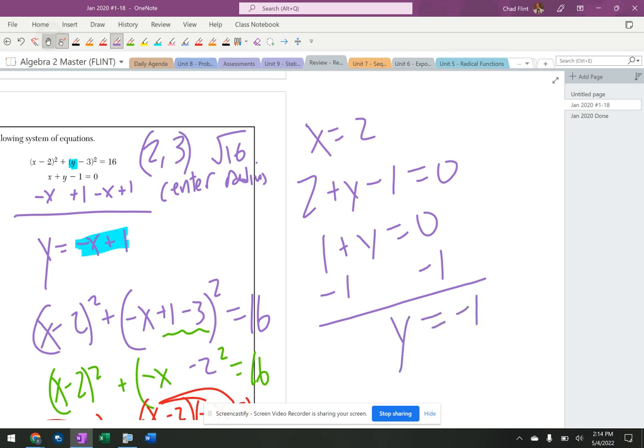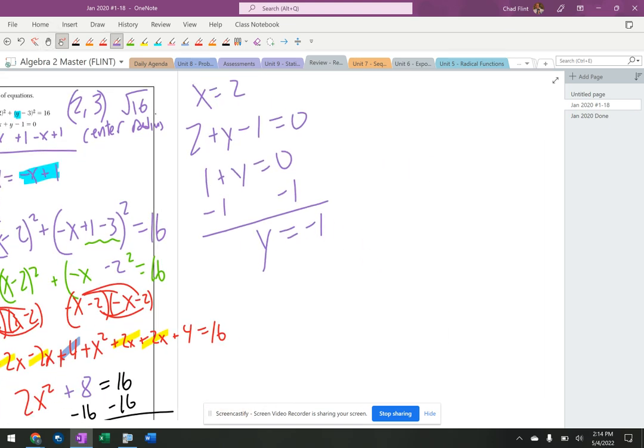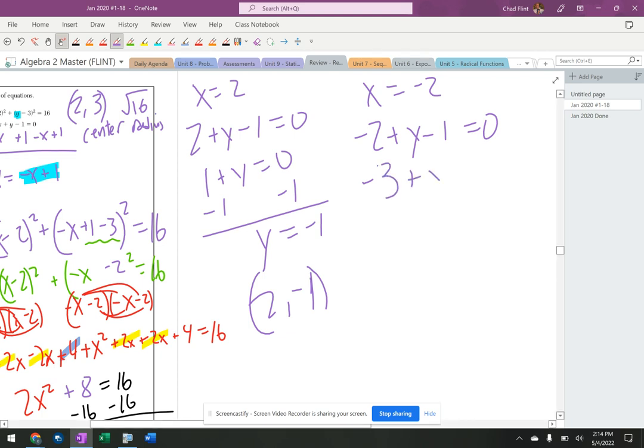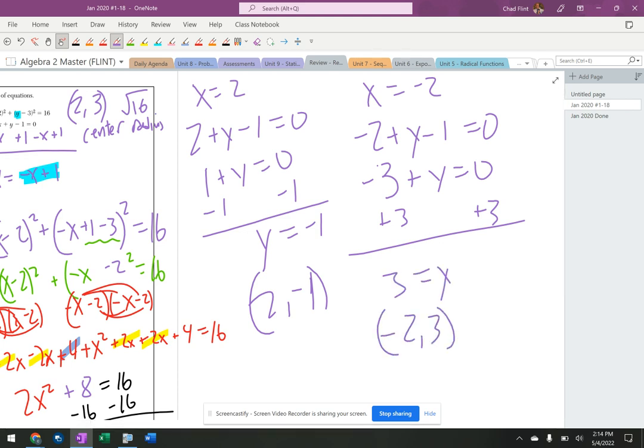So that gives me 2, negative 1. And then x equals negative 2 gives me negative 2 plus y minus 1 equals 0, and that gives me negative 3 plus y equals 0, which gives me 3 equals y, which gives me negative 2, 3.